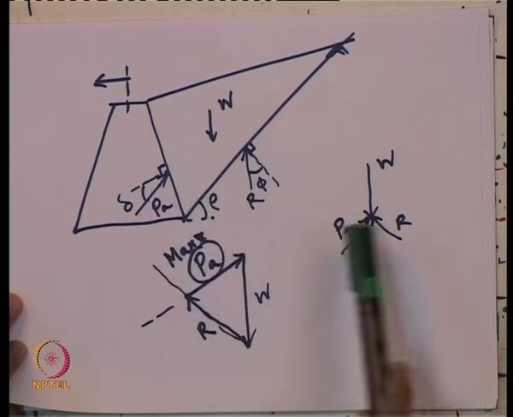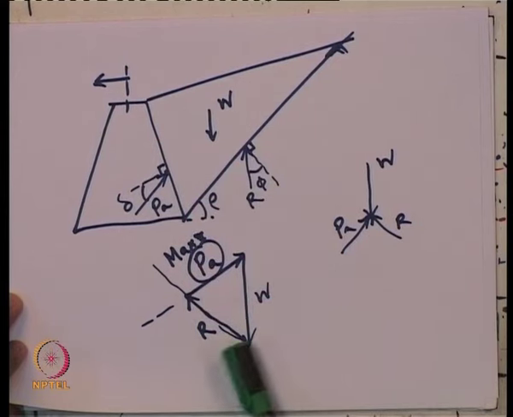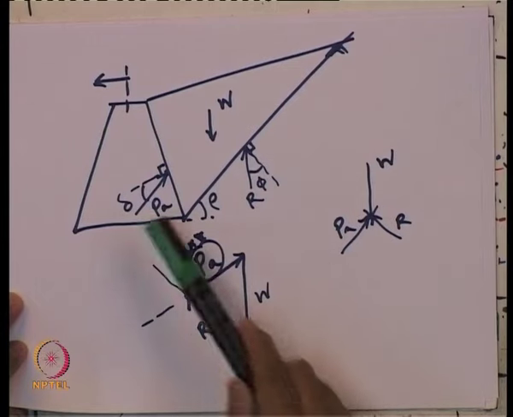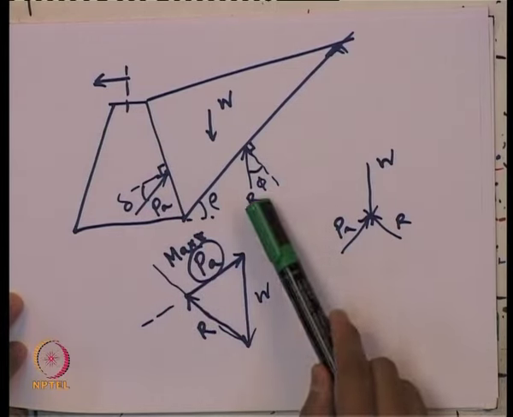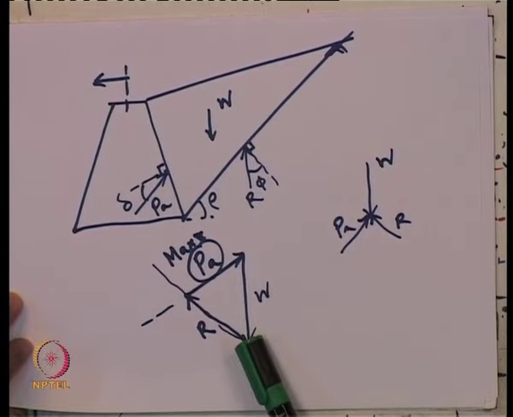Now, these three forces should be concurrent to maintain equilibrium, and if we draw the force polygon by knowing the lines of action of P A and R, we will get a closed triangle like this. This is W, which is completely known.